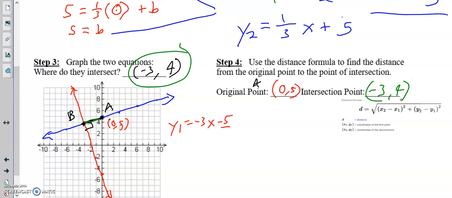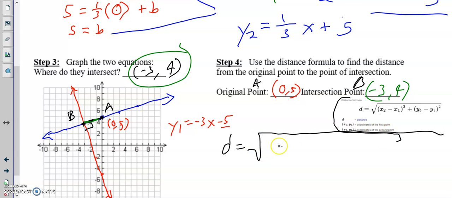Now we're going to employ our distance formula to find the distance from point A to point B, the original point to my intersecting point. So my distance, again, quick Google search, look at your notes, you find the distance formula. Square root, difference of my x's, 0 minus negative 3 squared plus difference of my y's, 5 minus 4 squared.